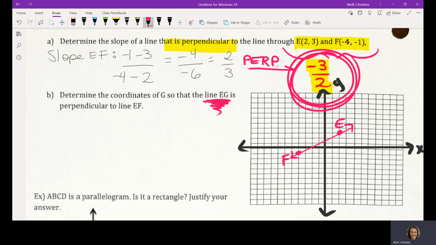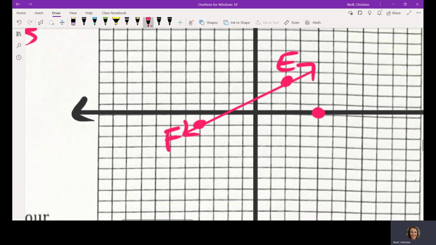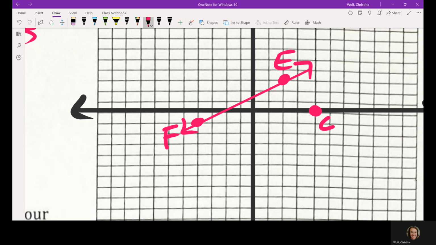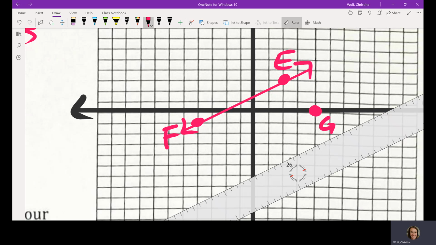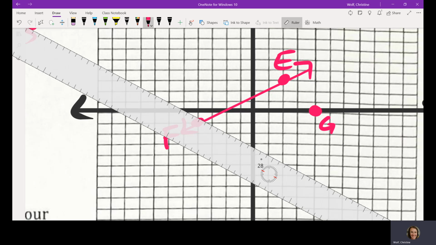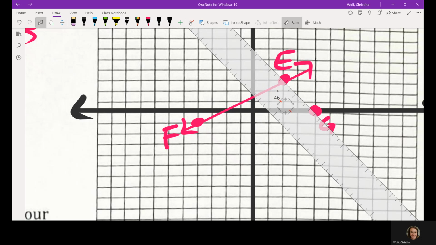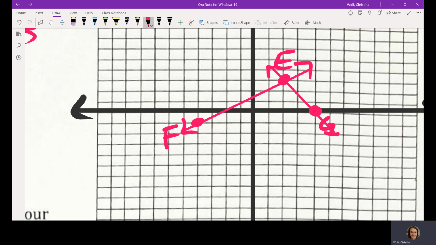We did that at the beginning. So we start at E and we do a slope of -3, +2. So I went down 3 and to the right 2. I stop there. I connect those 2 dots. And I have just created 2 lines that form a 90-degree angle.